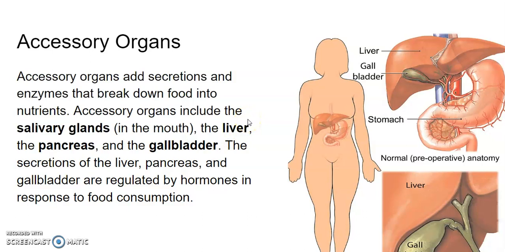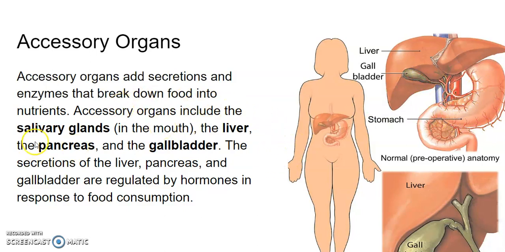Accessory organs are those organs that sit outside the digestive system but are required to help you digest things. So if you look, you have your stomach and your duodenum of the small intestine right here. Well, you have a gallbladder and a liver that sit outside of that system, but they supply things you need to that system.